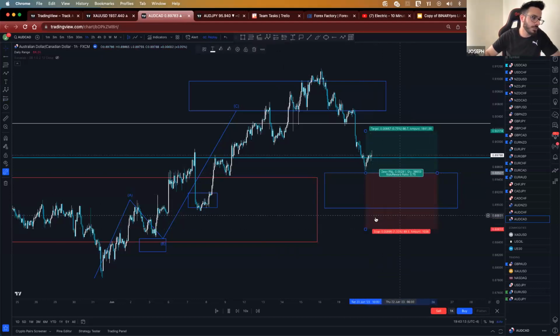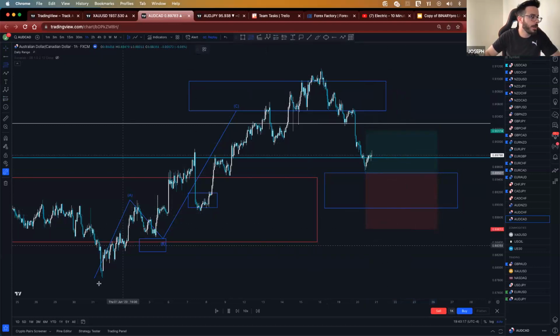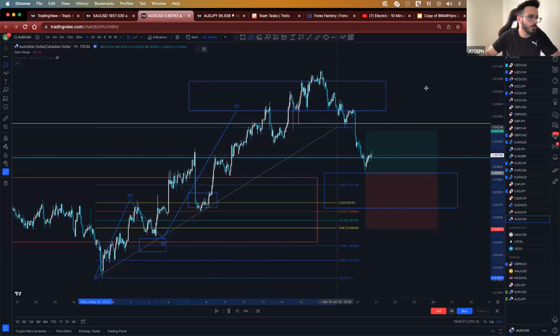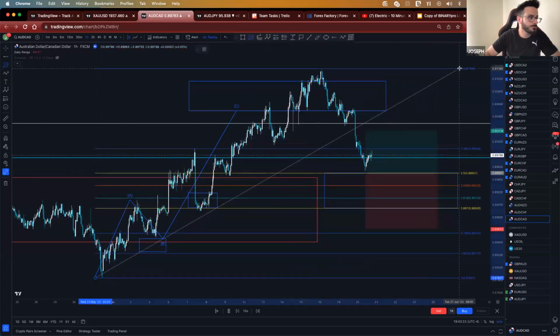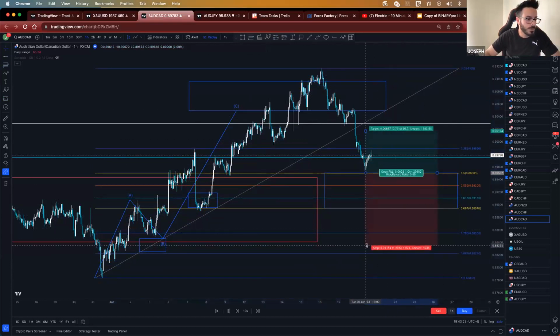You guys have to be careful with the risk management because if you want to be accurate with the one trade, the stop loss has to be minimum here. So you have 114 pips for stop loss for the one trade.